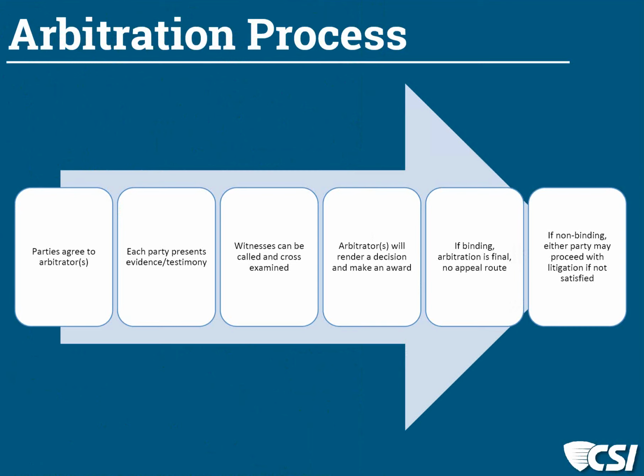That usually isn't at the moment, but happens as a follow-up once the arbitrators have had a chance to consider everything they've heard. And if your contract is inclusive of binding arbitration, then that concludes the dispute, and there is no other appeal route in binding arbitration.